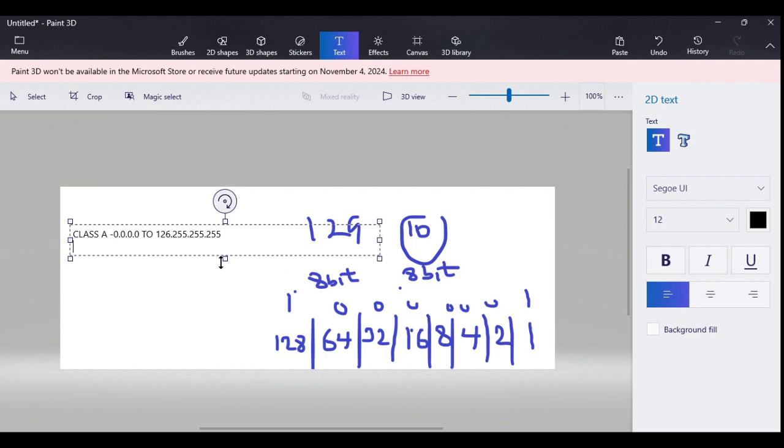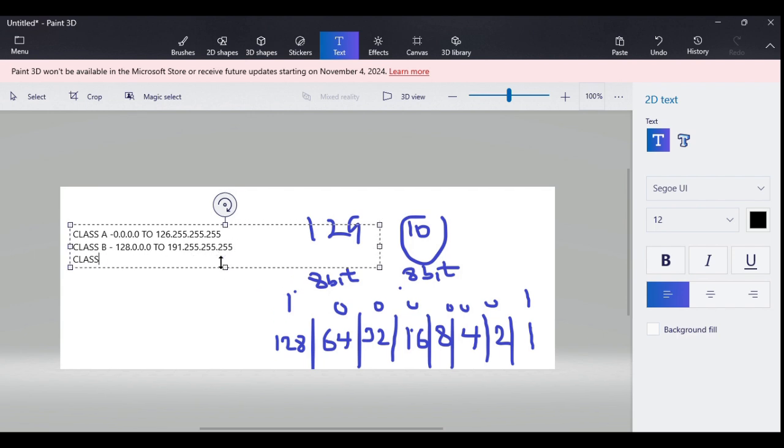For class B IP addresses, we have ranging from 128.0.0.0 to 191.255.255.255.